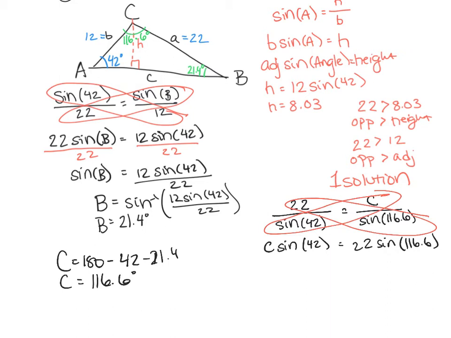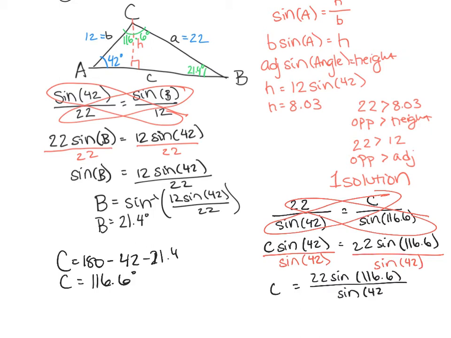So I just want to show you that no matter how you start that, you're going to get the same thing. From here, I'm going to divide both sides by sine of 42. We get that C is equal to 22 times sine of 116.6 over sine of 42.